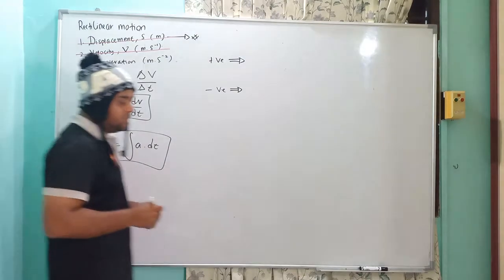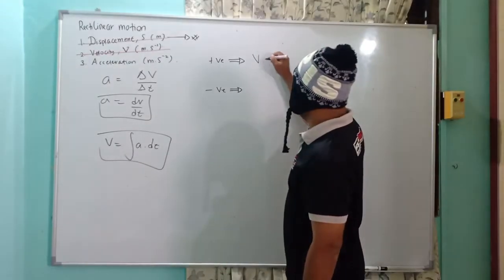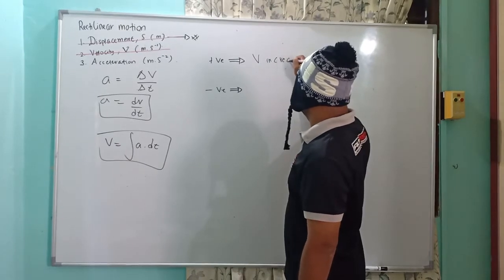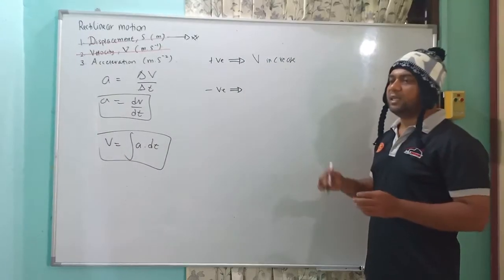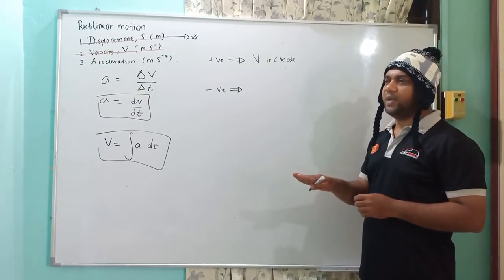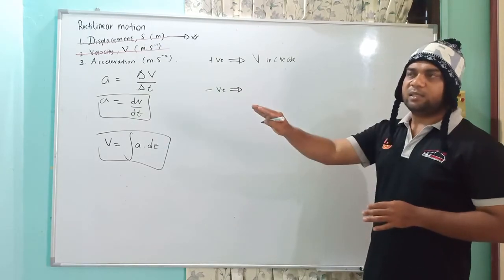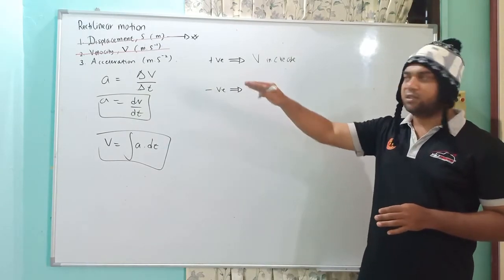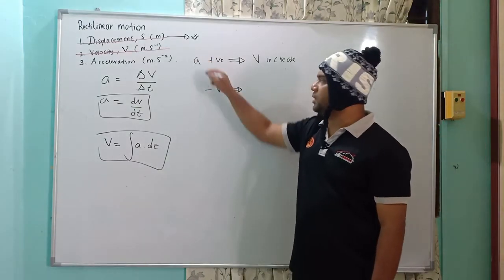Okay, the acceleration is positive when V increases. If velocity increases, let's say we start the car and then we push on the acceleration pedal, the car moves and increases its velocity, so the acceleration will be positive.